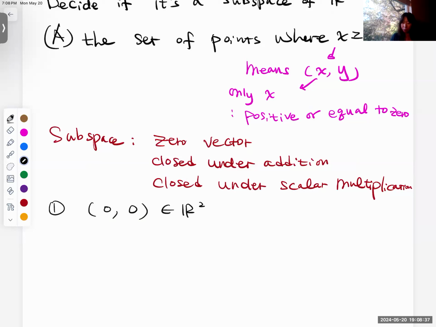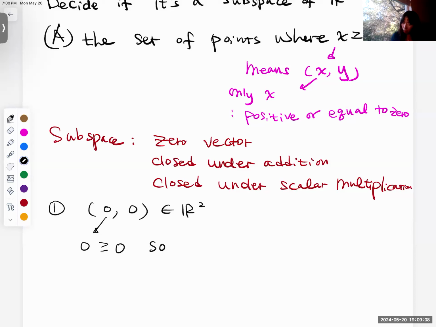The first one, right? So I say that this means only the first one, the x coordinate, right? So this one, we take only the first one, x. So 0. And then I am following the definition here. 0 greater or equal to 0.